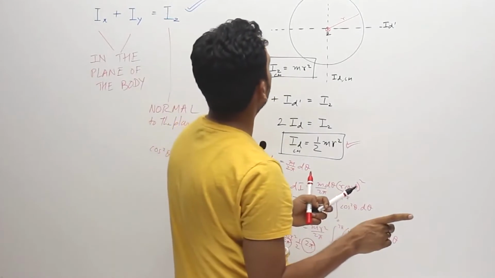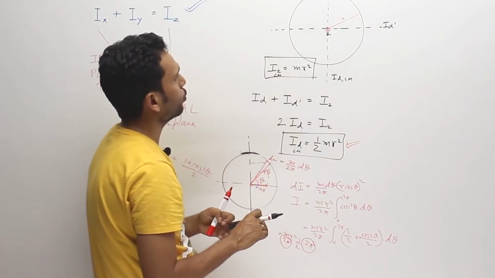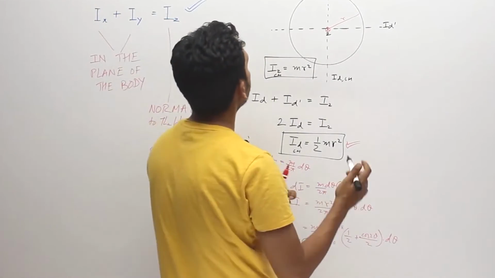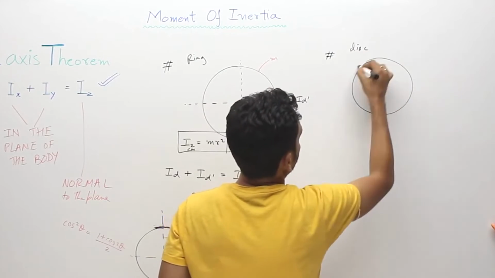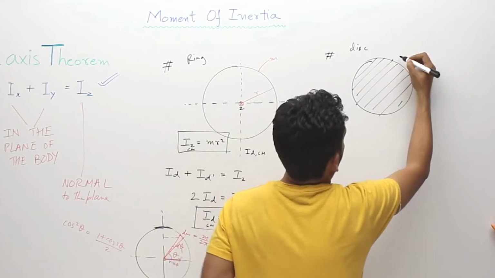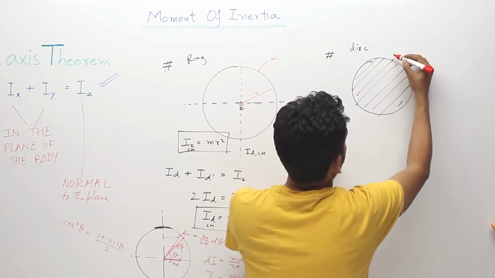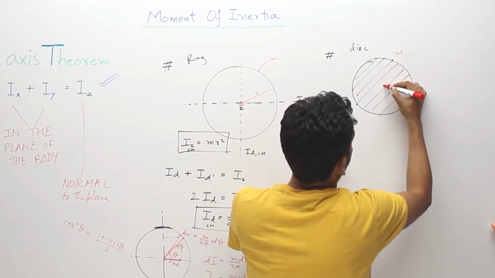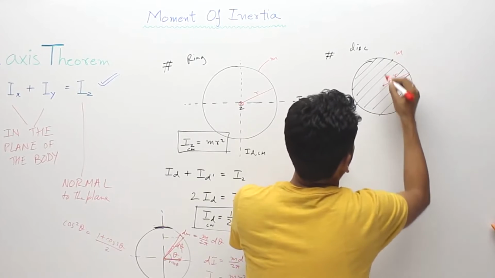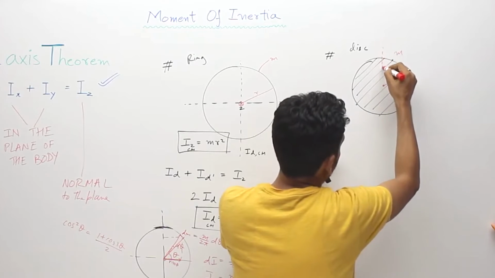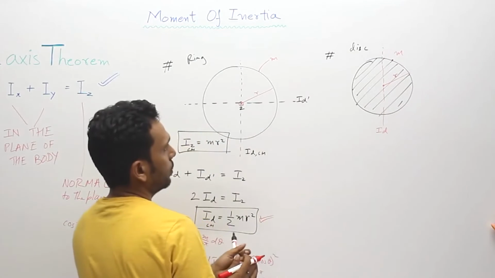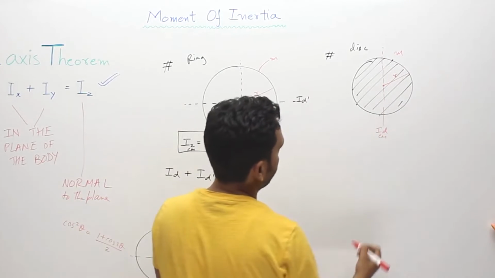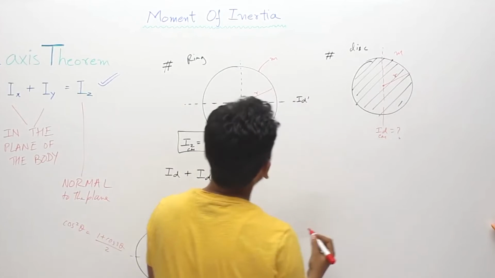I'll give you another question to quickly get me the answer. For a disk of mass M and radius R, about an axis which is along the diameter, I_D through the CM, I_D CM is equal to how much?